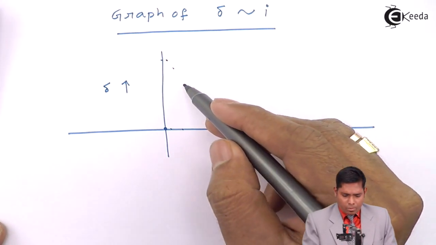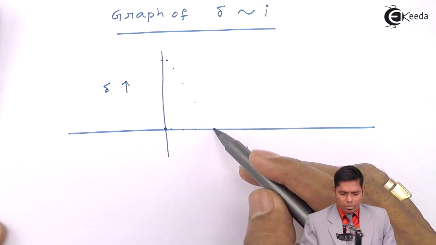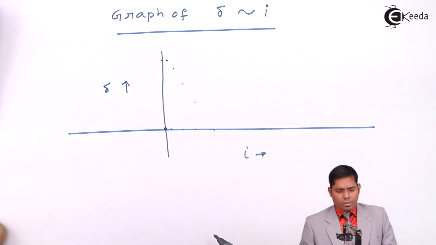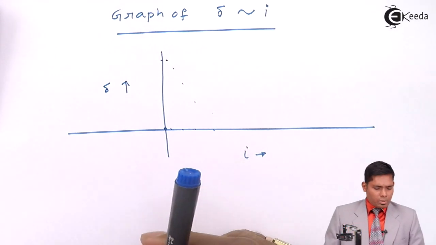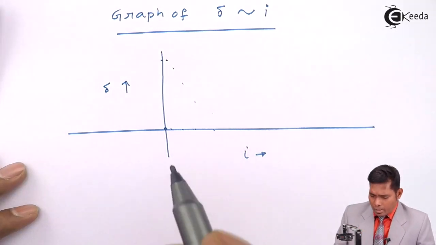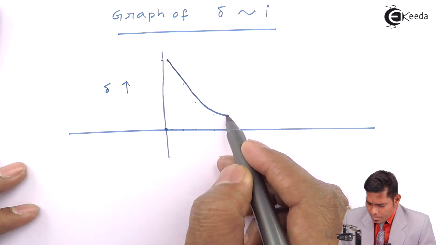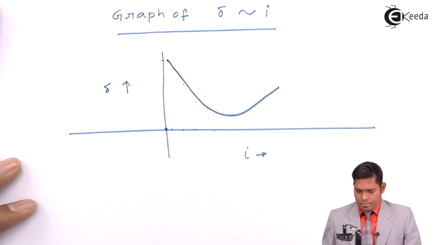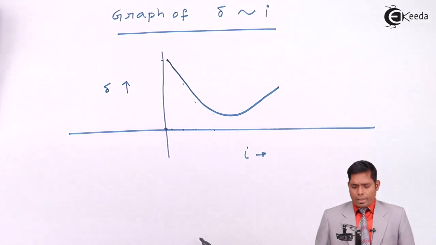Again, I increase, this value drops to this point, like that. So as this angle of incidence increases, the deviation decreases, and the shape that we have seen is something like that. This is how the graph looks like.